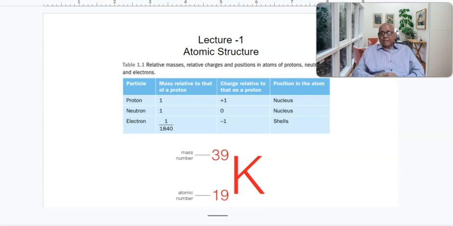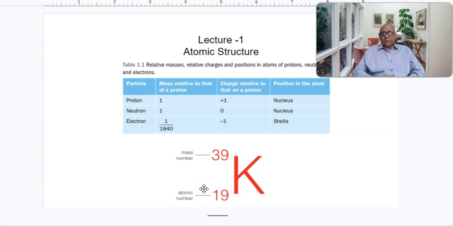I have a symbol of potassium, which one can also place here as an X, with one superscript and another subscript. In the subscript, you are seeing the number 19, and in the superscript, you will see that it is 39. We have to explain this now. 19 is the proton number, and 39 is the mass number, or we call it the nucleon number.